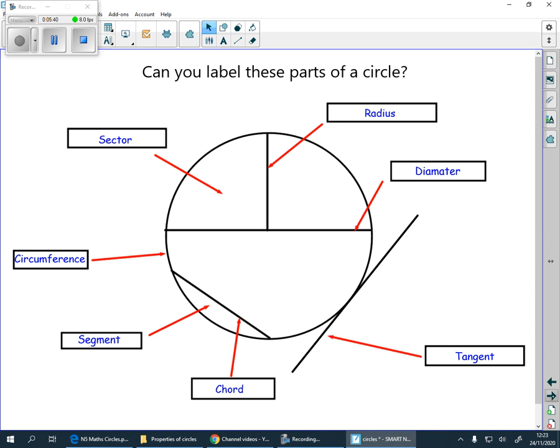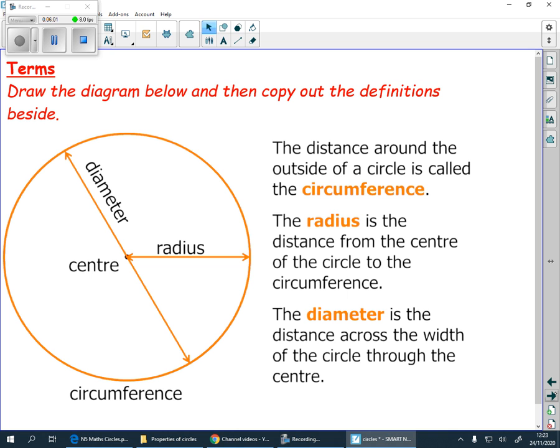Right, so there's your basic diagram. Radius, diameter, tangent, chord, segment, circumference, and sector. These are the main ones we're going to use over the next week or two. Right. So here's your definition.